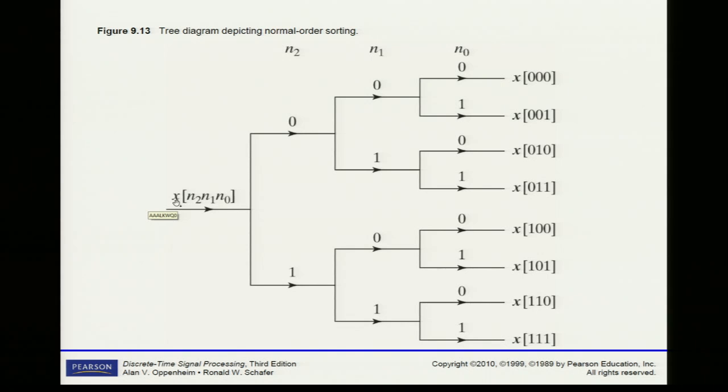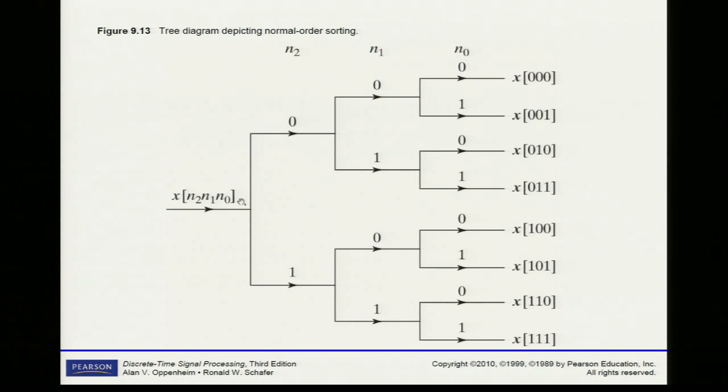So if you have X, it's some data, and N2, N1, N0 are just bits that are part of the index. Imagine a 3-bit representation of an index value. Since it's 3 bits, the index can only be 0 through 7, because that's what you can represent with a 3-digit binary number.